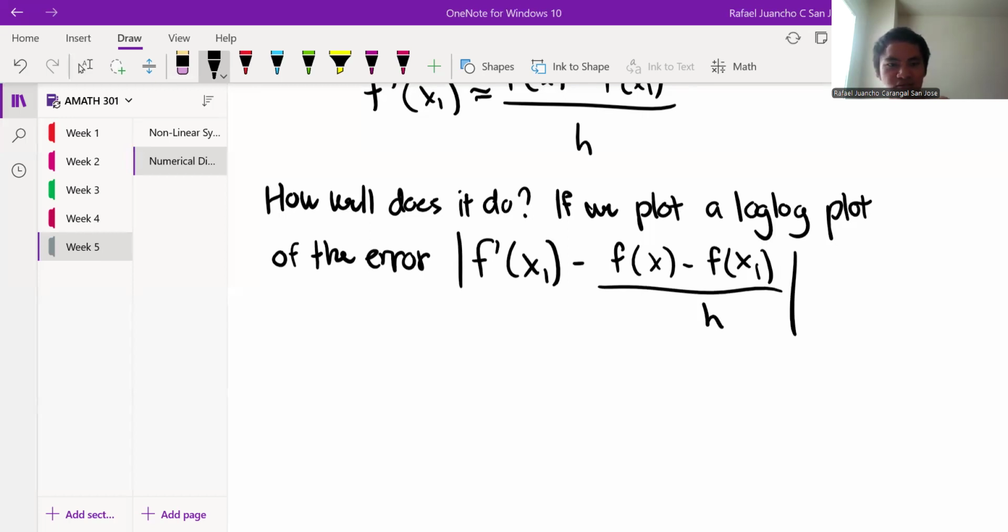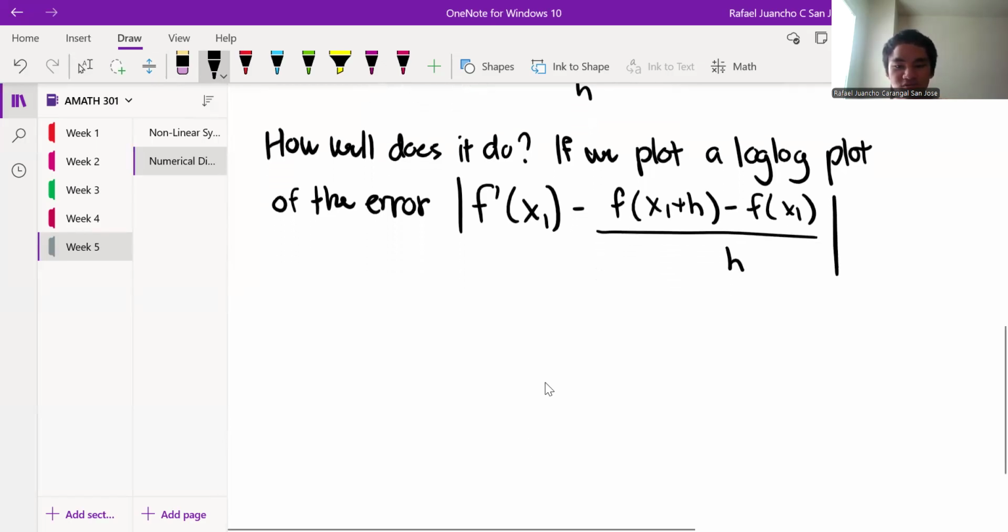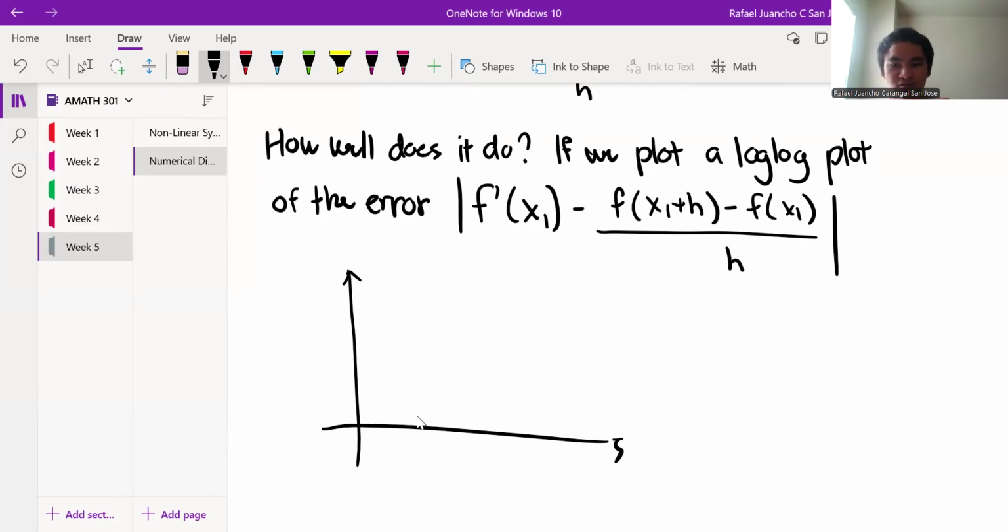Or actually, let's write that: f of x1 plus my height, then f of x sub 1 minus h, divided by h. So how well is that? How low is that error? Well, if we were to plot it, this is how it would look.